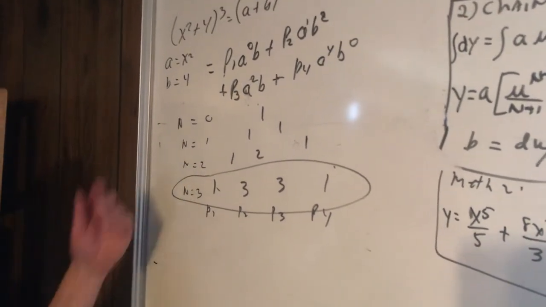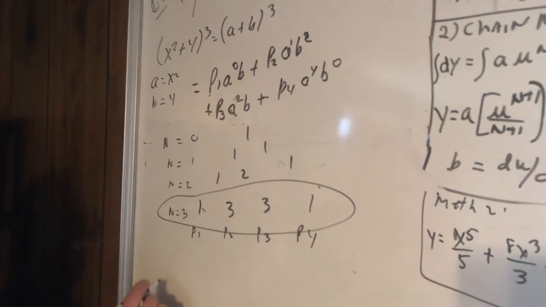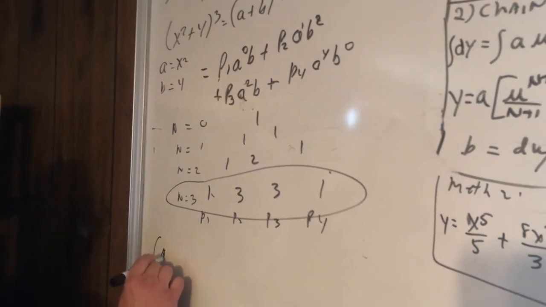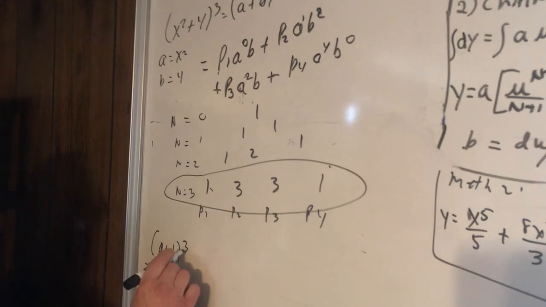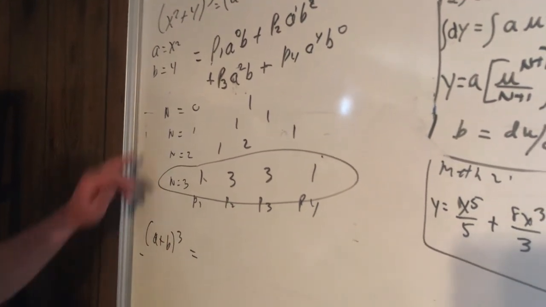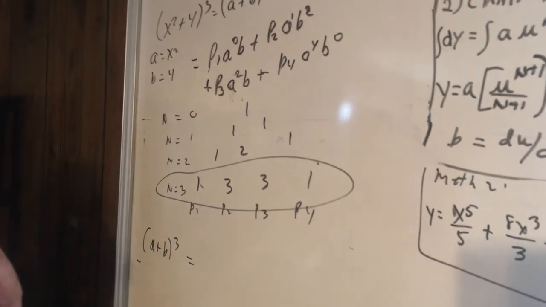Okay. So let's substitute in here. We have (a plus b) to the third equals, I'm going to substitute what a and b equal.